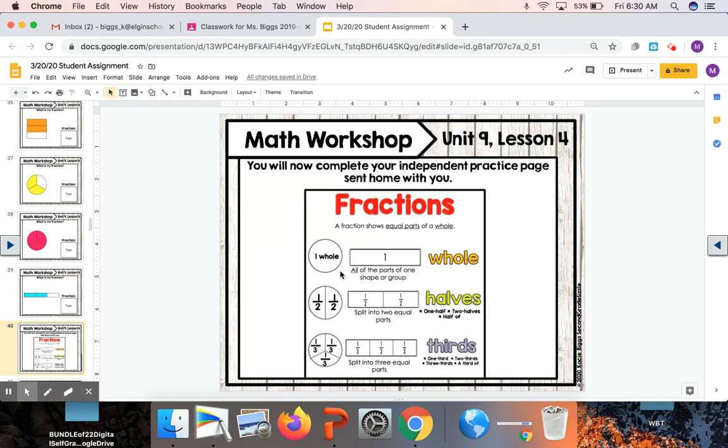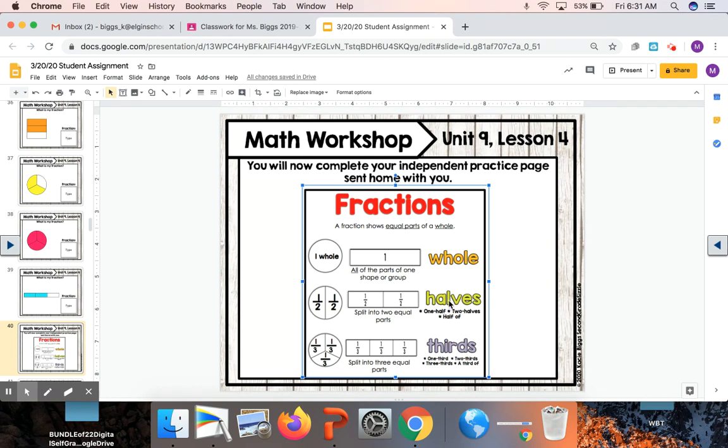Okay, so before we start our independent practice page, we're just going to review what we've talked about this week with fractions. So a fraction shows equal parts of a whole. Here we have one whole, all of the parts of one shape or group. Here we have 1/2. That means it's split into two equal parts.